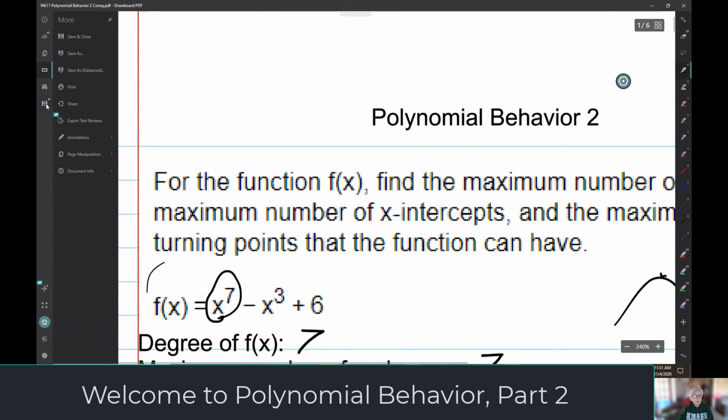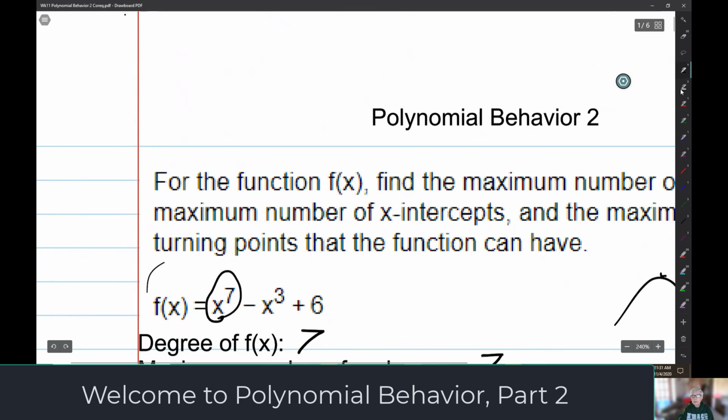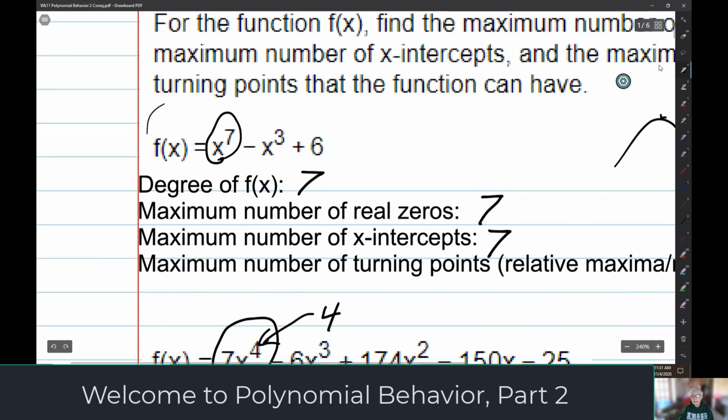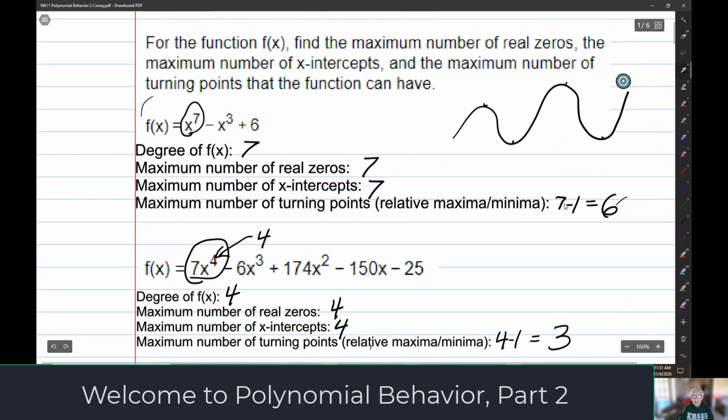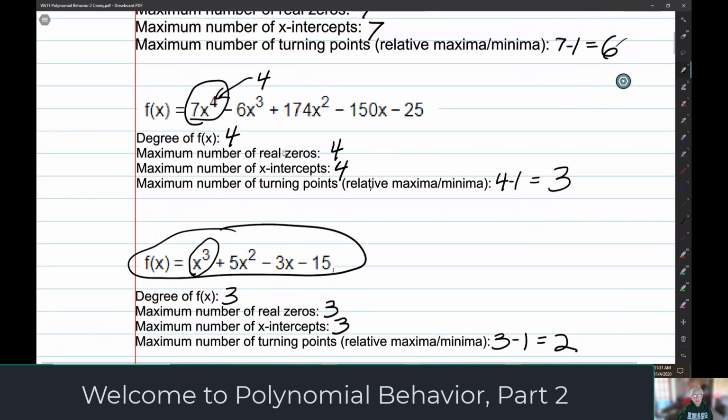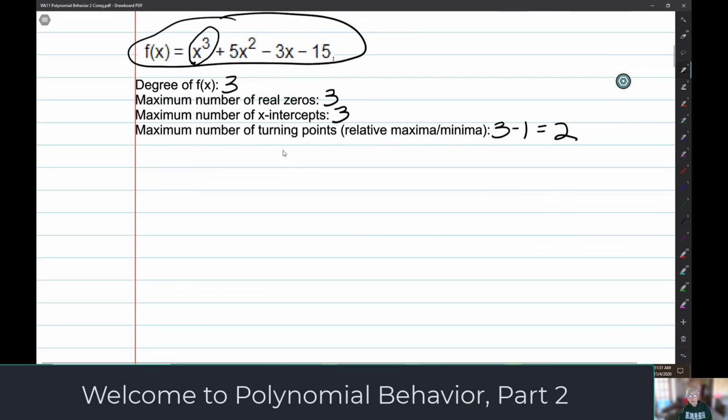We have talked about how the leading term determines the number of zeros, the maximum number of real zeros, the maximum number of x-intercepts, because the real zeros make the x-intercepts, and the maximum number of turning points is always going to be one less than the highest power in the polynomial, which is the degree of the polynomial. And that's always going to be true if you're dealing with polynomials.